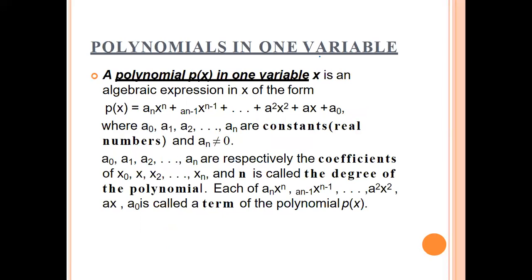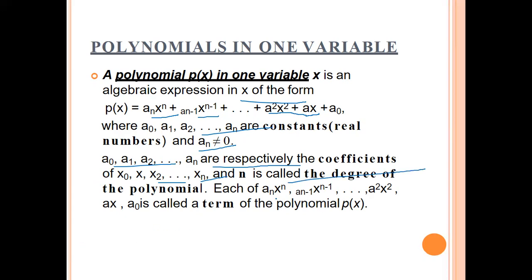Now polynomials in one variable. A polynomial p(x) in one variable x is an algebraic expression in x of the form p(x) equals an x raised to power n plus an minus 1 x raised to power n minus 1, and so on up to a2 x square plus a1 x plus a0, where a0, a1, a2, up to an are constant numbers and an is not equal to 0. These are respectively the coefficients of x to the 0, x, x square, up to x to the n, and n is called the degree of the polynomial.